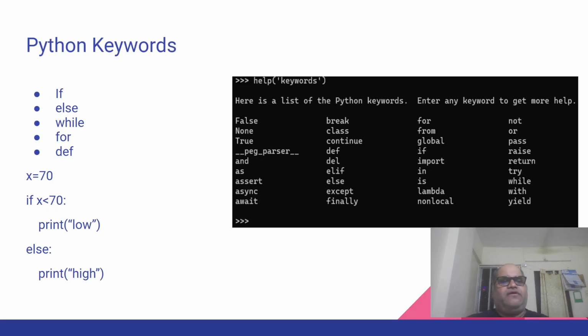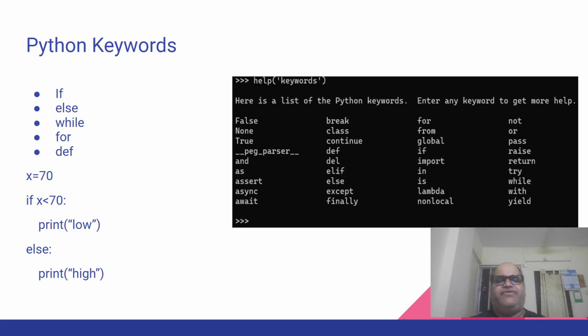So, Python keywords. If you want to look at an exhaustive list supported by this particular language, on your terminal you can type help and in brackets keywords, as you might see on the right hand side.